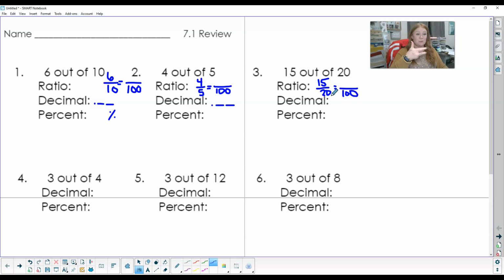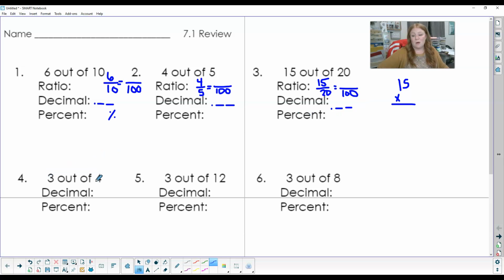It's like counting by twos to 100, and I do the same thing to 15. You might actually have to do that problem and times it by 15 if you don't know it off the top of your head. Or you can also do 15 times 100 divided by 20. So once we know our decimal goes to the hundredths place, this number becomes our percent.